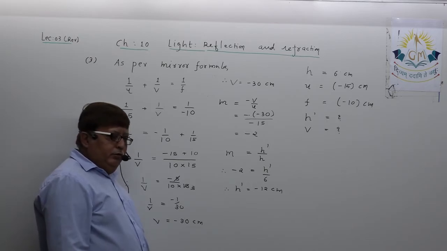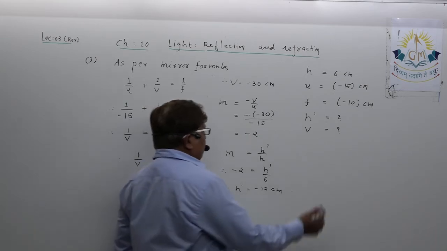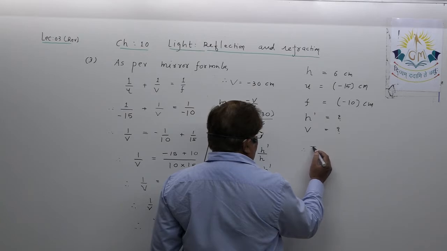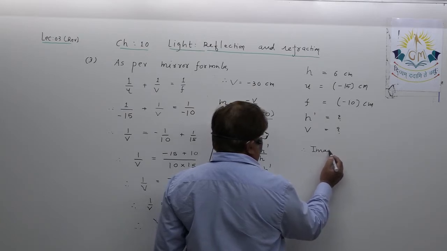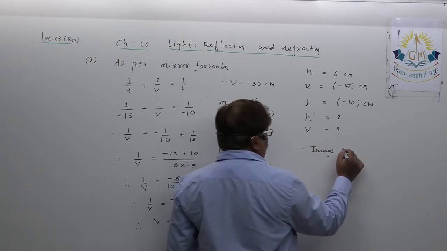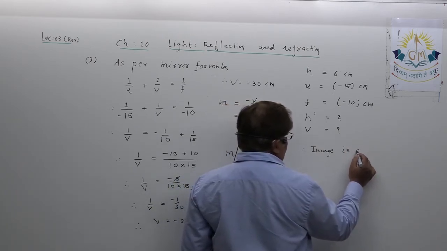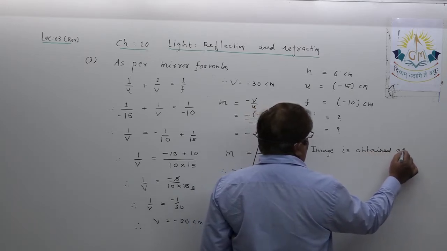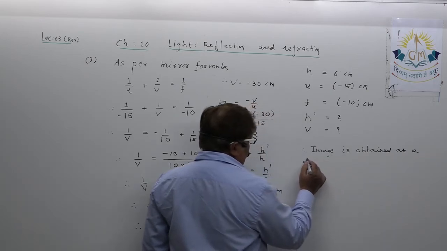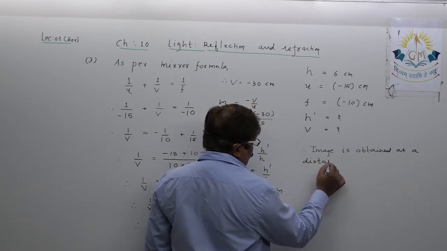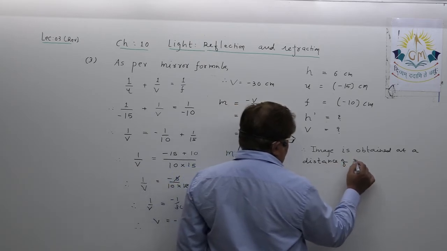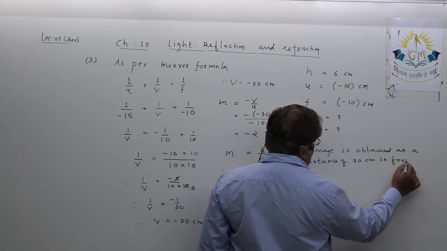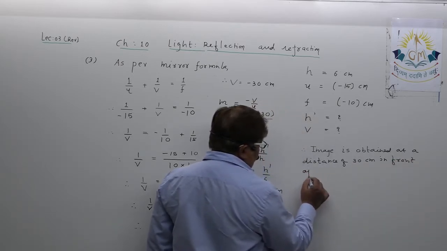Okay. So your final answer, from V, what will you write? Here there is no talk of the screen. Image is obtained at a distance of 30 centimeter in front of the mirror.